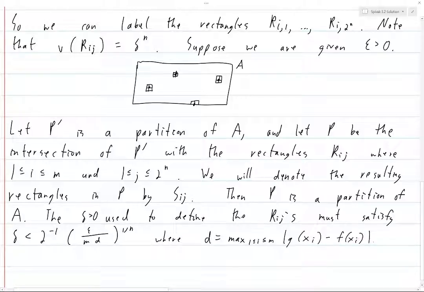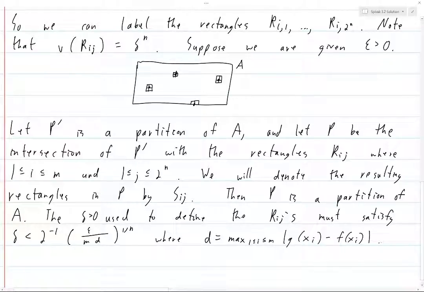And note that d is a positive value and it's finite because there are only finitely many points that we're considering. And that's really key for this exercise. Okay, but anyways, so this delta was needed in order to define the Rij's, and so that's why I went and defined it.